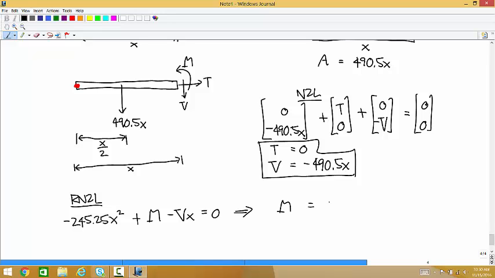And so M is equal to Vx minus 245.25x squared. This is plus. I didn't move it over. And so if you add those up, you get minus 245.25x squared.